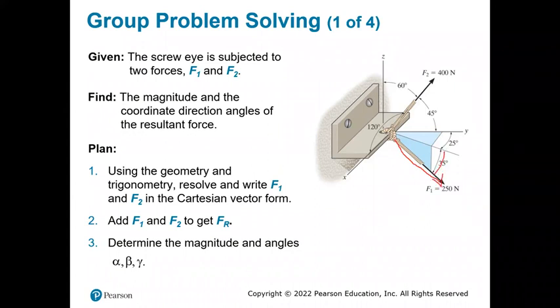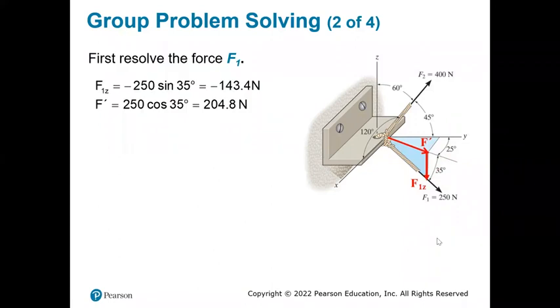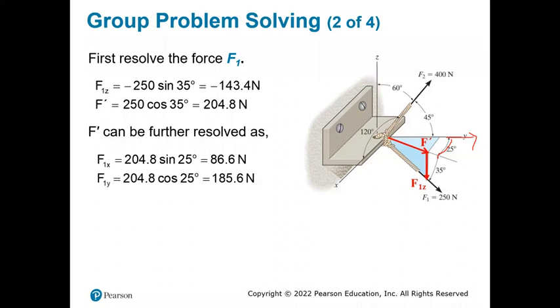So cos will give this component and sine will give that component, because it's already that way. So that's what we have here. The cos and sine components will be that. Then we can resolve F prime again, because it makes 25 degrees. So the cos component will be in y, and we can get the x component, which is going to be the other one.